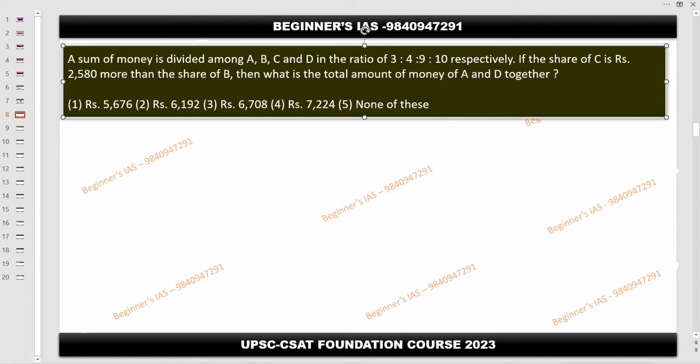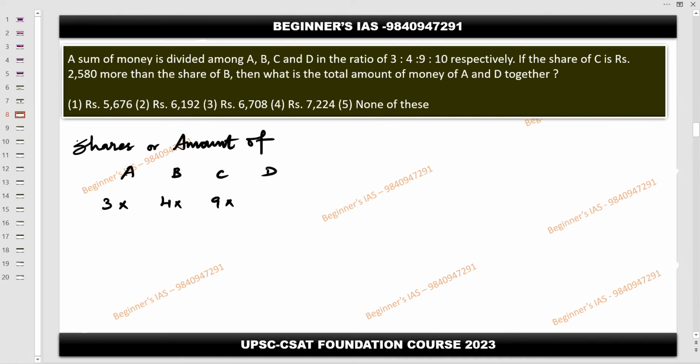So let us take it as it is in the ratio. Therefore let us take the shares or amounts of A, B, C, D as 3x, 4x, 9x and 10x. After this, what is given here? The share of C is more than B by some money.